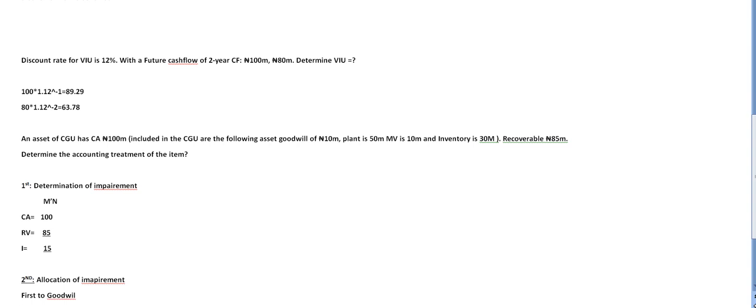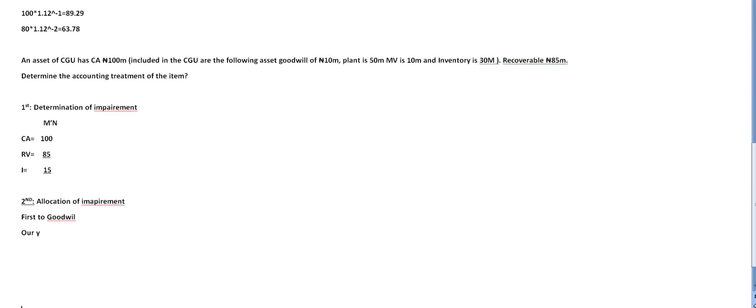Our total goodwill equals what? 10 million.